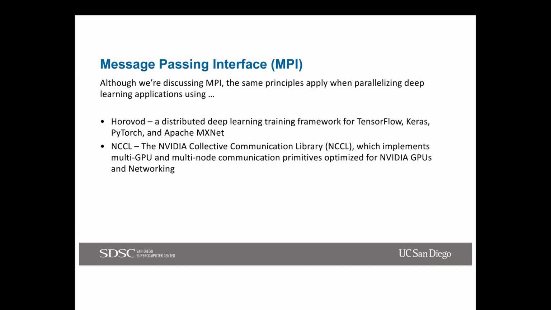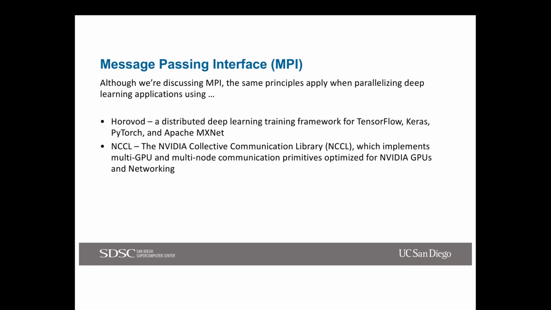There are other libraries that implement their own communication framework, like NVIDIA has their own collective communication library that backs some of these applications as well, which isn't MPI, so I'm not exactly sure why it's in this slide.